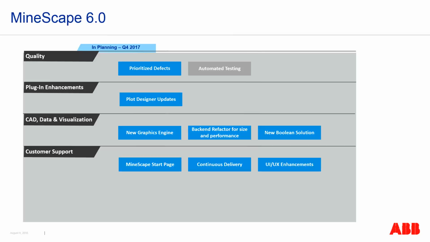So potentially every 2 weeks we could deliver a fix, depending on the severity and priority. But we can get those updates to you quicker than we have before, rather than waiting until the next release comes out. And then some UI UX enhancements.